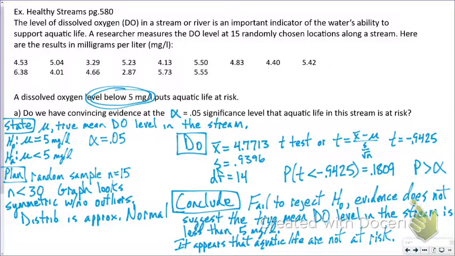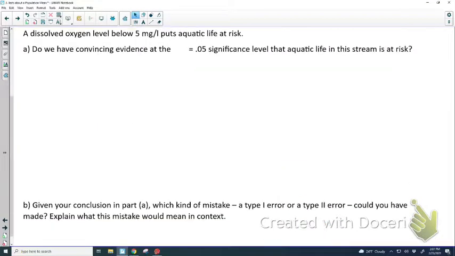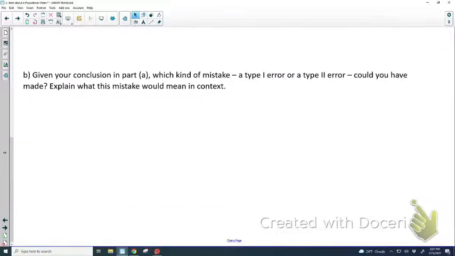Down here kind of explains that risk. Given your conclusion, what kind of mistake might you have made? Well, since we failed to reject, that means we are risking a type 2 error.